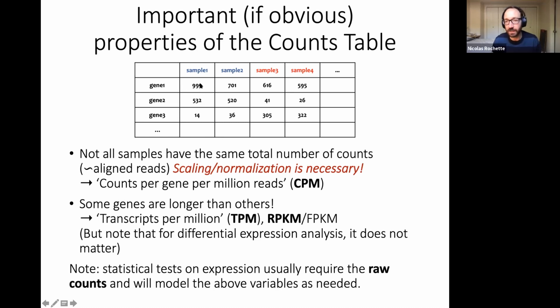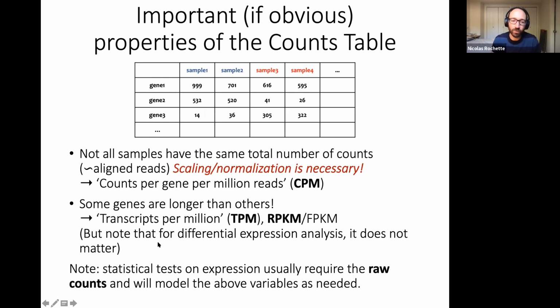And really what this means is that 1 in 1,000 reads maps to that particular gene. And then there are additional scaling factors that we need to account for when we're doing absolute quantification. So for aspects that concern differential gene expression, CPMs is what we're going to want to work with.